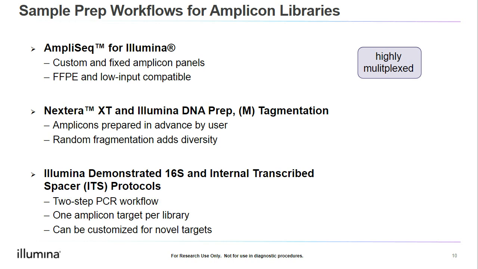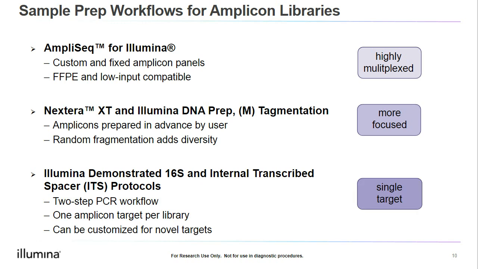The second workflow we will discuss is the Nextera XT and Illumina DNA Prep and Tagmentation library preparations. For these, PCR amplicons are prepared in advance, and random fragmentation is used during the preparation, which adds base diversity to the libraries. The third workflow is the Illumina demonstrated 16S and internal transcribed spacer, or ITS, protocols. This is a 2-step PCR workflow. It has a single target region per library and can be customized for novel targets.